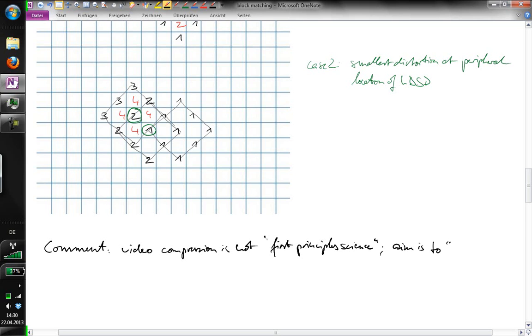So the aim of all these compression algorithms is to trick human perception. So to use as few bits as possible in reconstructing an audio signal or a video without the human complaining too much.